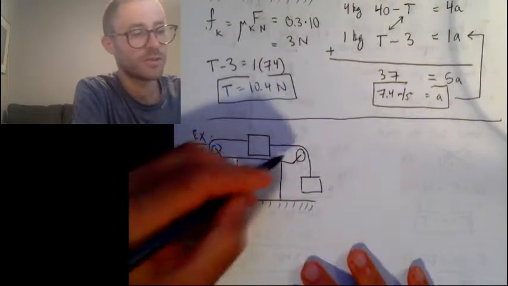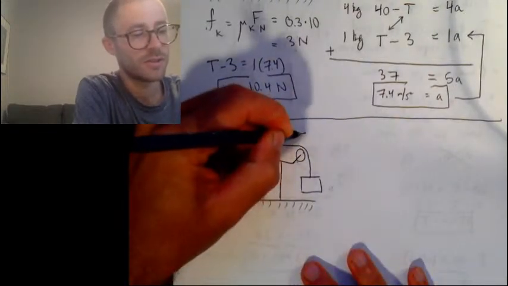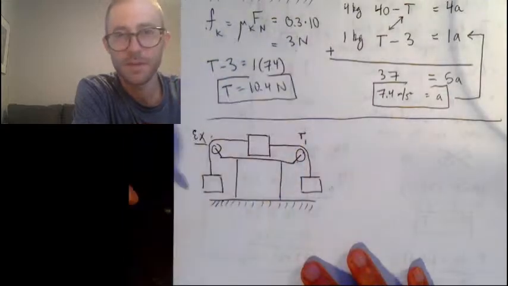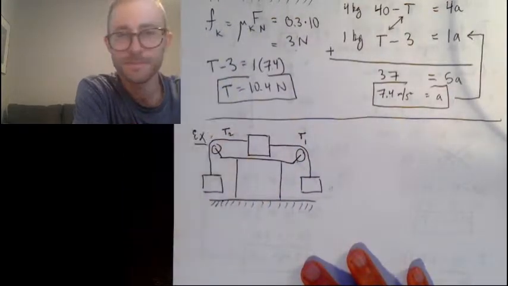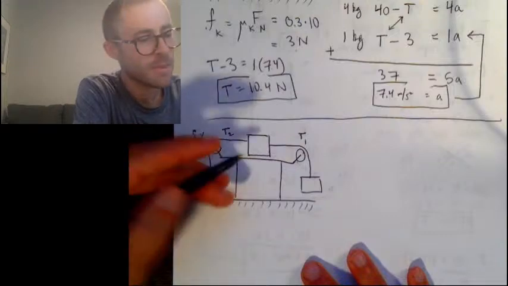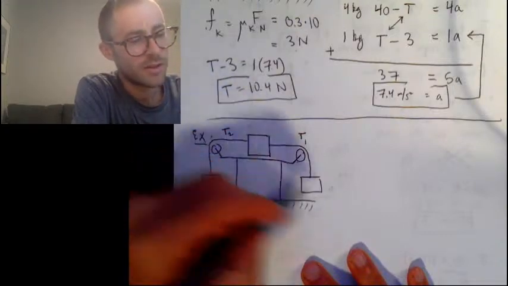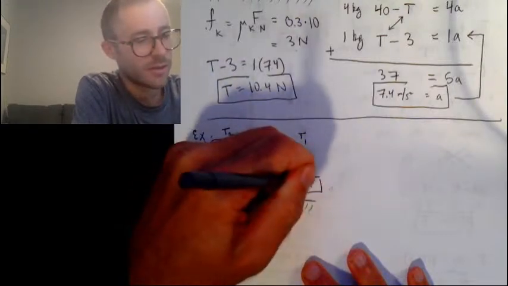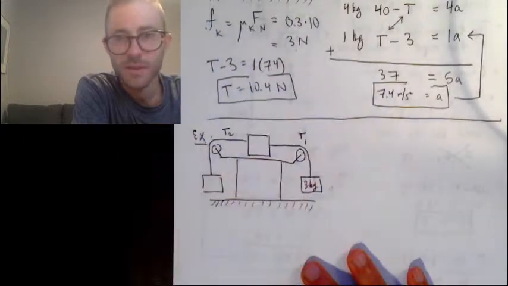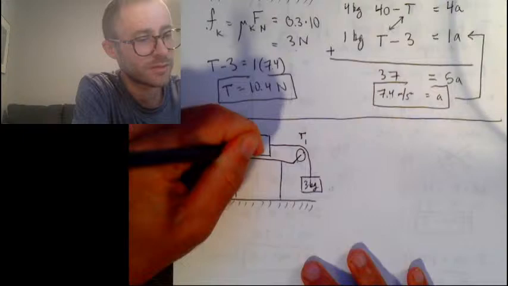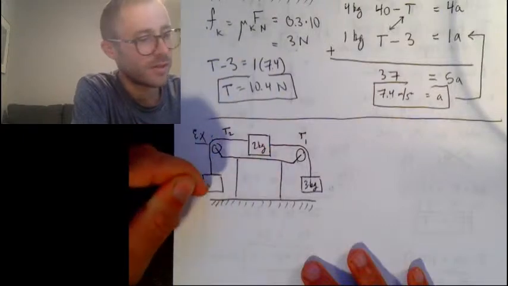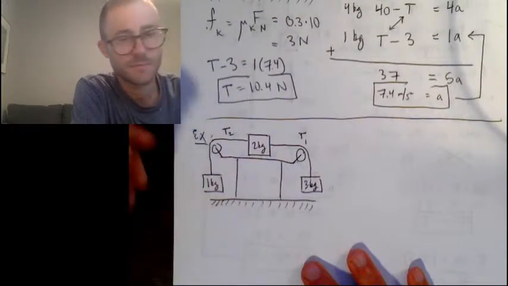This rope is going to carry a tension T1. And this rope is going to carry a tension T2. I'm going to say that this is a 3 kilogram mass. This is a 2 kilogram mass. This is a 1 kilogram mass.